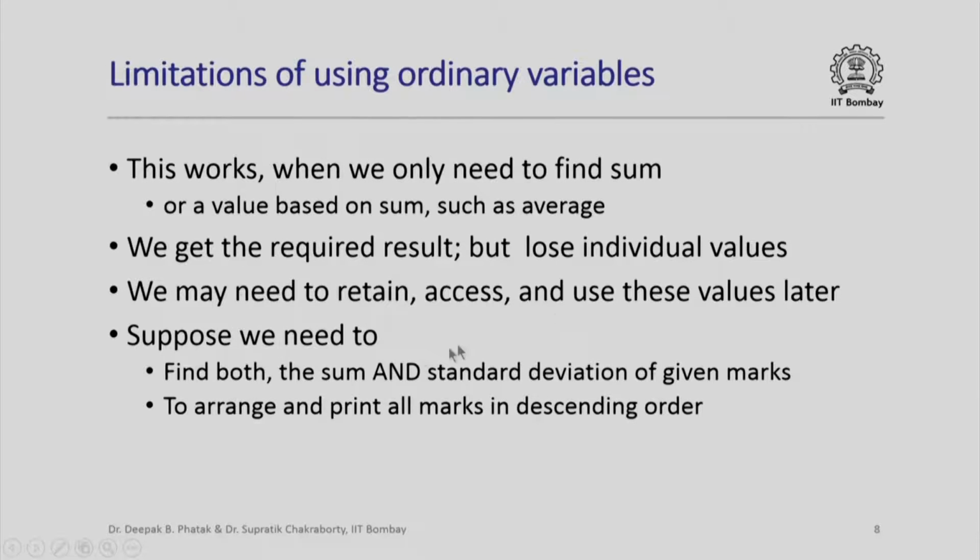For example, suppose we need to find the standard deviation of given marks, for which we need the average of course, which means that we will need to access all those elements again. Suppose we need to arrange and print all marks in descending order. We cannot throw away any mark that we have read, because after reading the marks somehow we will have to rearrange them in descending order and print them. These are the limitations which we cannot solve using ordinary variables.